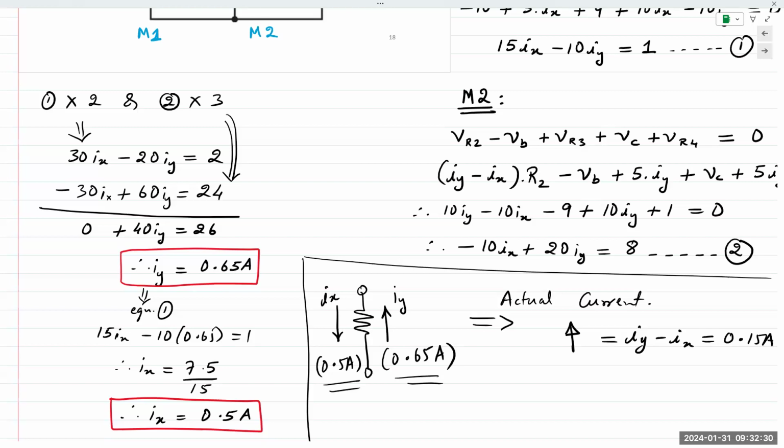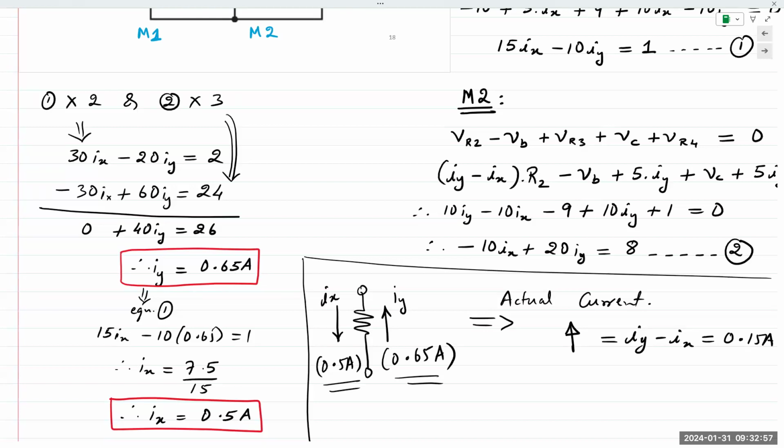Again, once you have the values for the hypothetical mesh currents, you simply isolate that component and look at the values for the two currents. If they are in the exact same direction, you simply sum them up. Your job is easy. But if they're in opposite directions, as will be the case if we choose clockwise directions for all, then a shared branch will always have currents going in opposite directions.